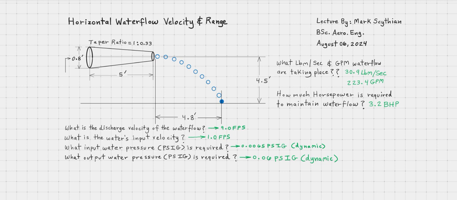If it's an electric motor driven by DC brushless, then it's 1 over 0.8 times 3.2 brake horsepower, and if it's an AC motor, then 1 over 0.85. But whatever motor is driving that hydraulic pump, it has to have an output, or we'd say a drive horsepower, into the hydraulic pump of 3.2 brake horsepower.